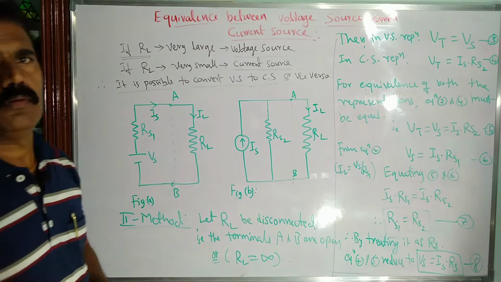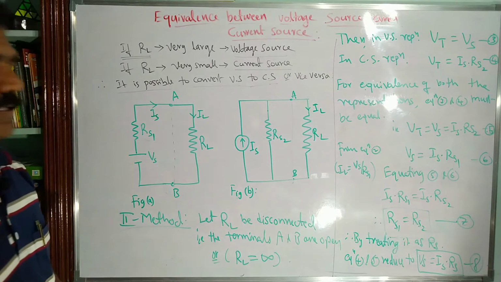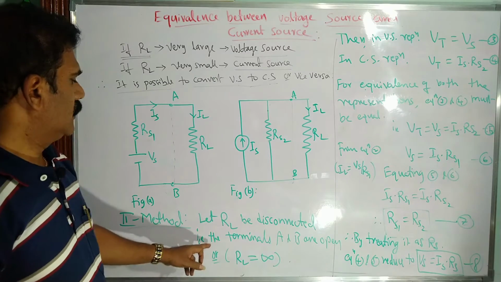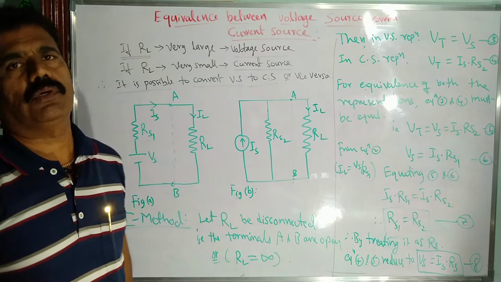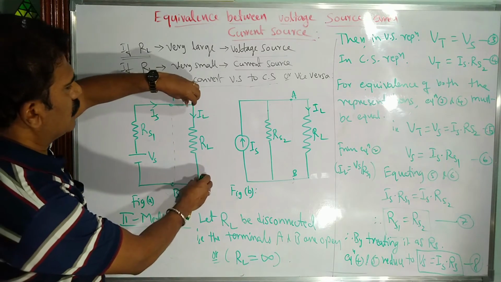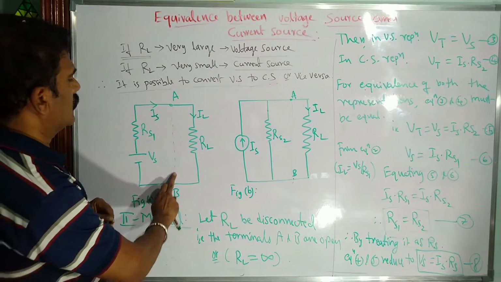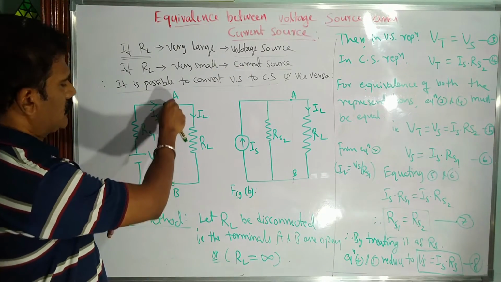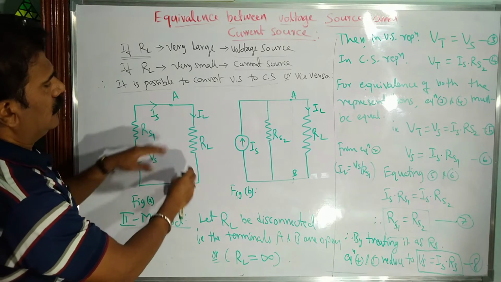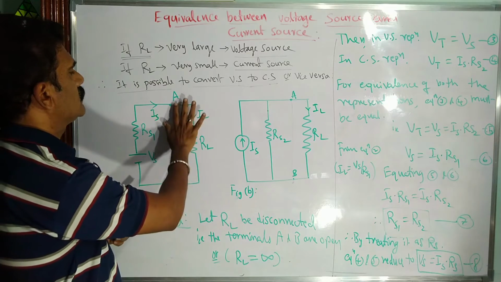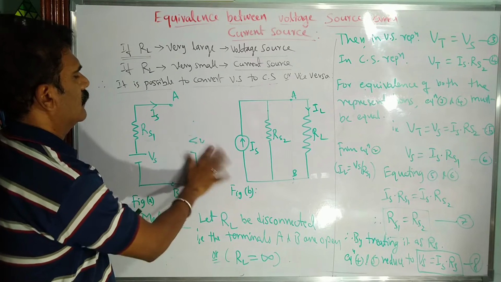Now look at the second method, where we are considering RL disconnected, that is, terminals A and B are open. So we are just removing the RL. In part 1 we shorted the circuit from A to B by removing the RL. Now you are keeping the terminals A and B open by removing the resistor RL.